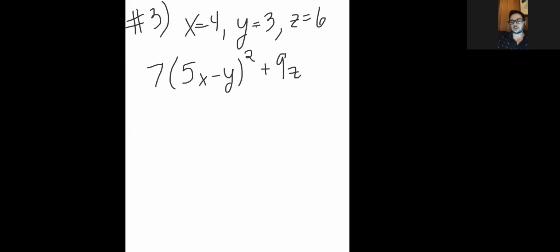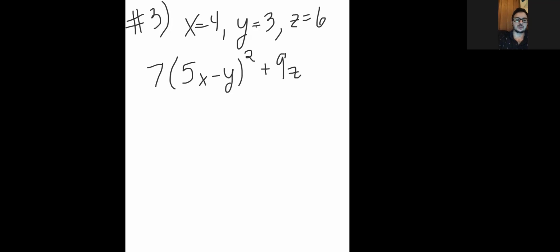And our expression is 7 times (5x minus y) squared plus 9z. This question just wants us to plug the numbers in and then go through the steps to simplify it.